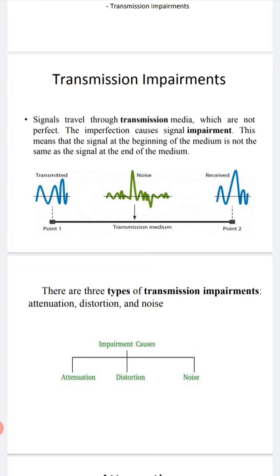The received signal is different when you compare it with the transmitted signal. So the signal at the beginning of the medium is not the same as the signal at the end of the medium. That is a transmission impairment.